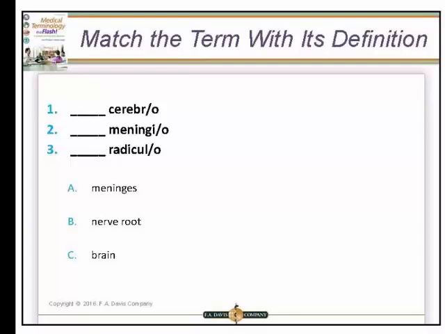Myelography, radiography of the spinal cord and associated nerves after intrathecal injection into the spinal canal of contrast medium.